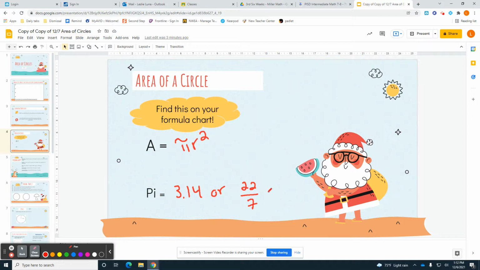So remember from yesterday, depending on the problem, it's going to depend on which version of pi you use. The problem may tell you to use 3.14, or it may tell you to use 22 over 7. If the problem does not specify, you are going to default to 3.14.